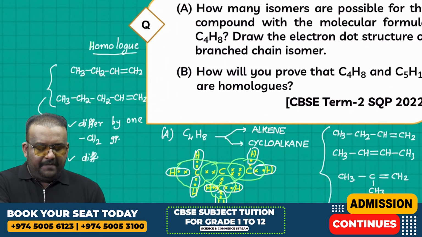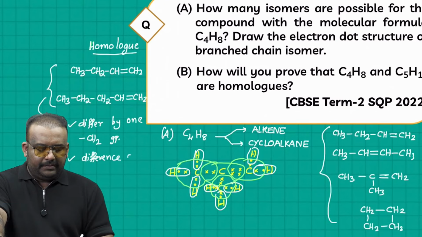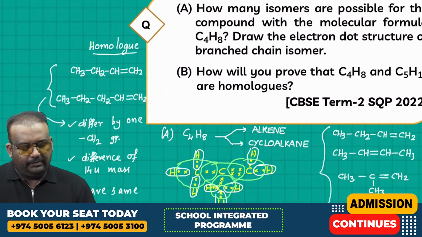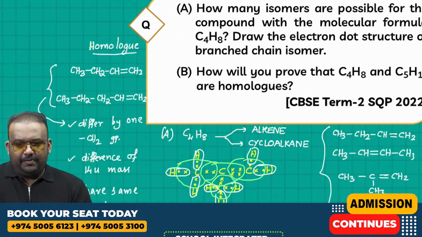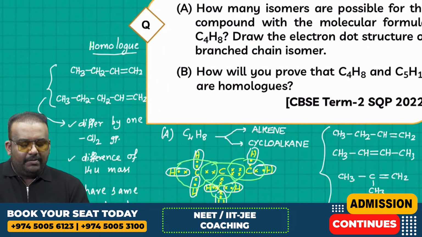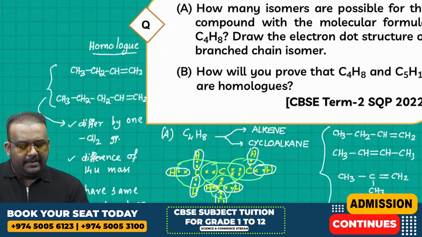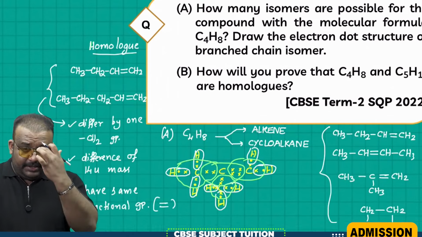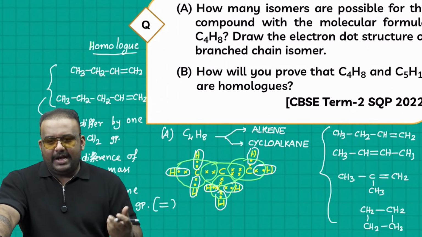And they have a difference of 14 units of mass, and they have the same functional group. What is the functional group here? In both these compounds, the functional group is the double bond, correct? It's alkene. They both are alkenes.